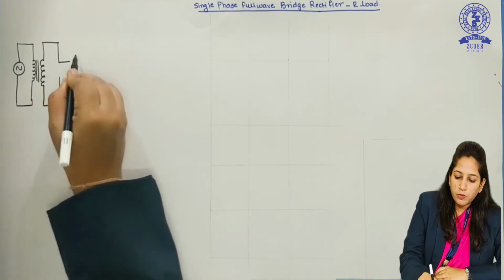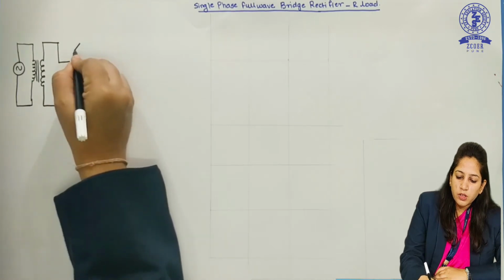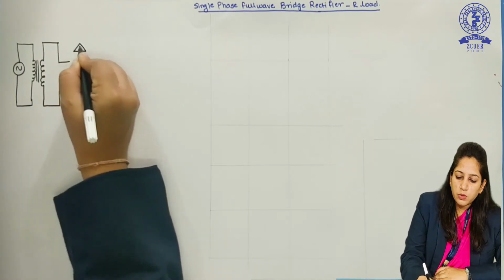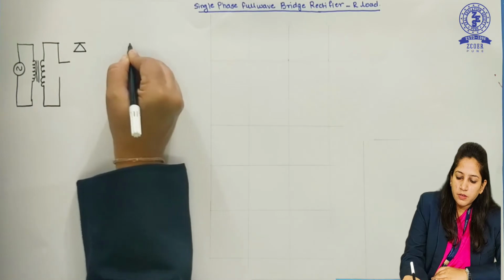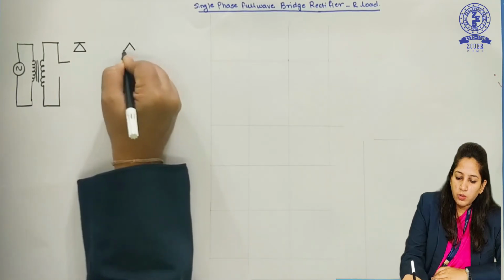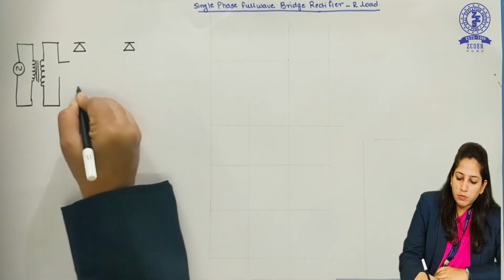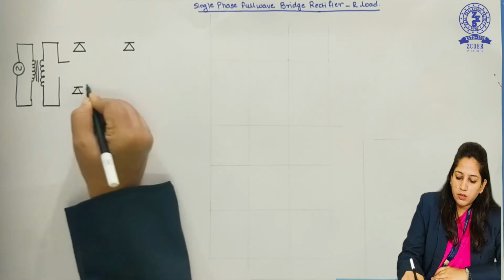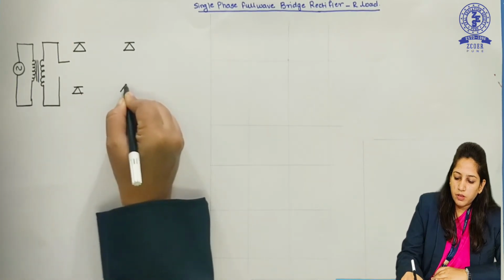Okay, so I will first of all draw a bridge. So there are 4 diodes used. So this will be diode 1, then diode 2, this will be one more third diode and 4th diode.